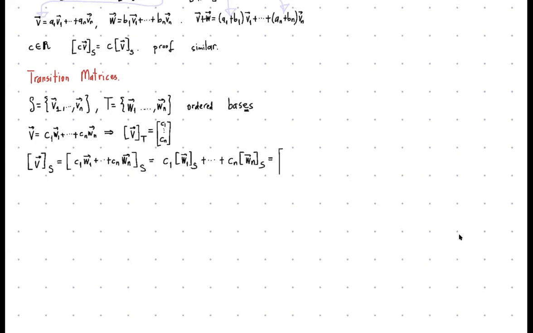Okay, so I can write this thing as a matrix product. How do I do this? As the first column, I write W1, the first vector of T in terms of basis S. The second column is W2 with respect to S, and it goes like this.